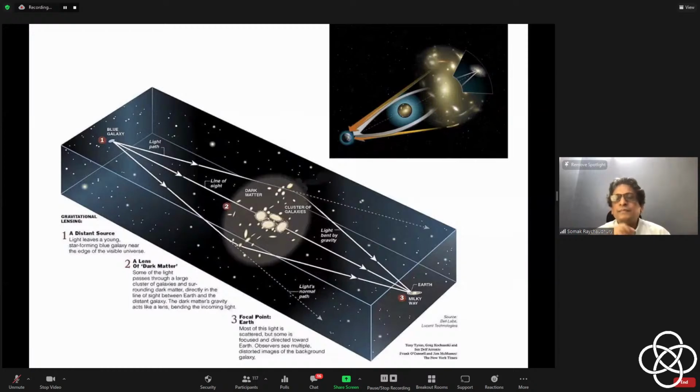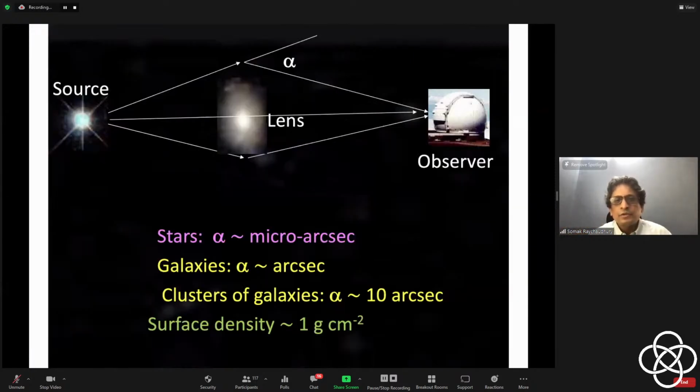And so this is a direct method. This follows Fermat's principle. This has no underlying model and assumption in it. You're just simply geometrically doing this. So for single stars, this bending is of the order of micro arc seconds, and that is very barely measured.